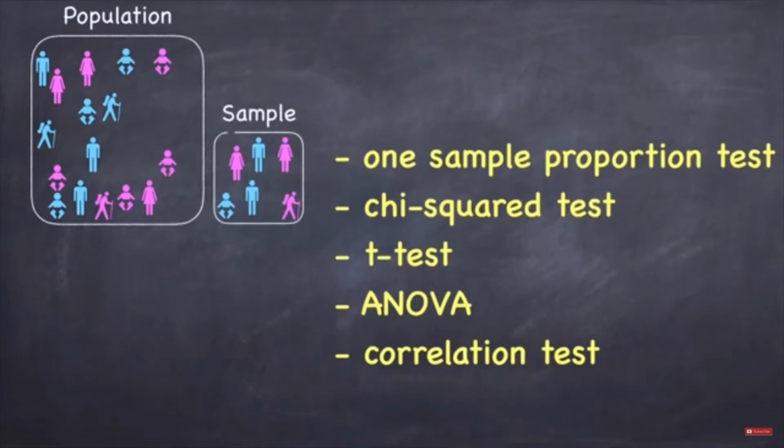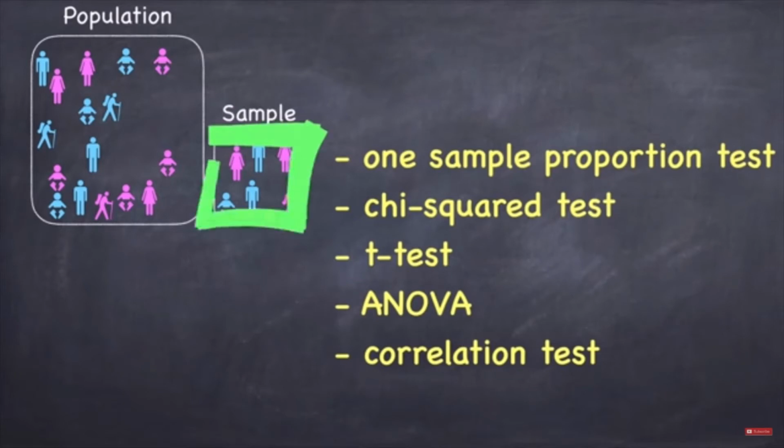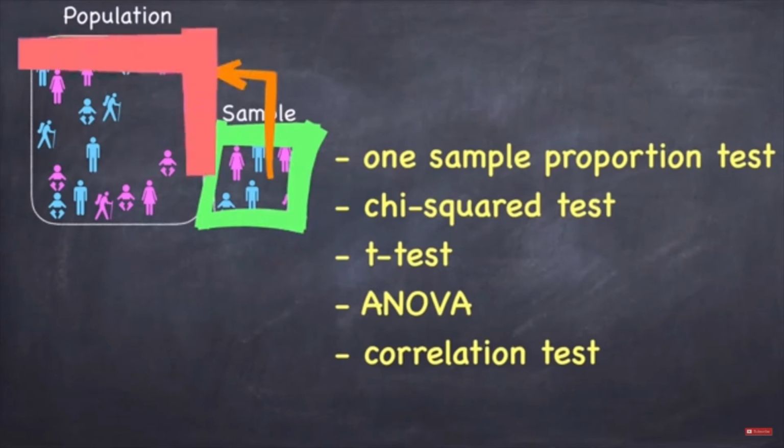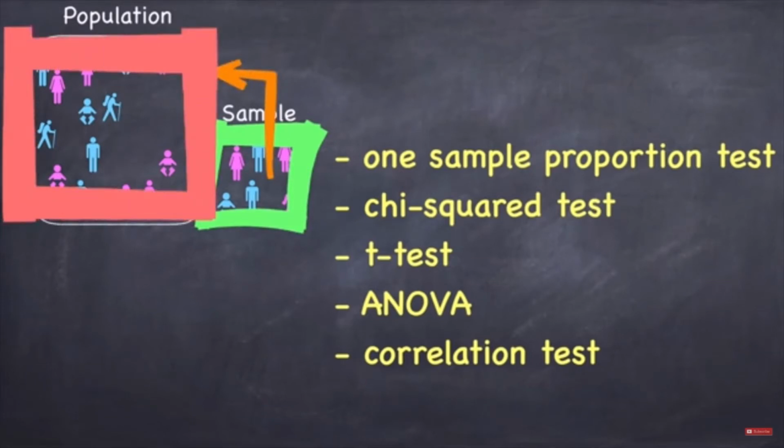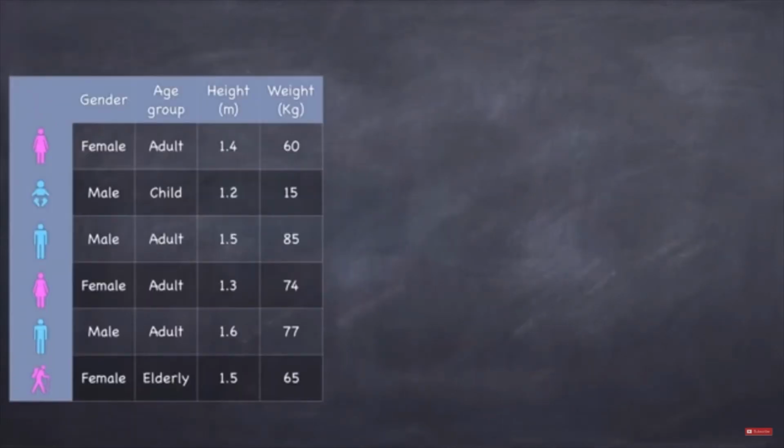So in each one of these cases, we can apply statistical tests to quantify the size of the difference. And the key thing about statistics is that the whole reason we carry them out is to make inferences about the population of interest from our study sample.